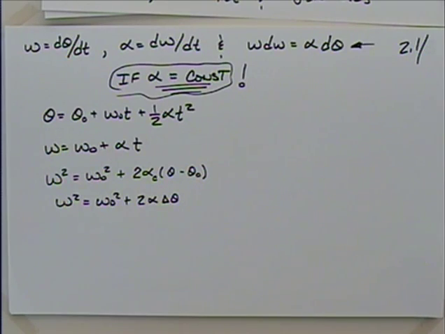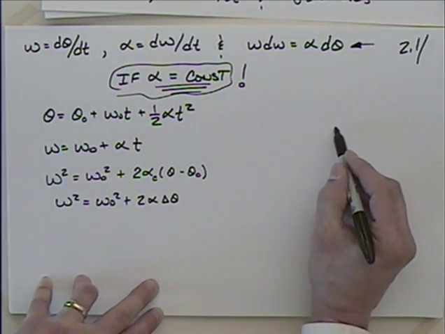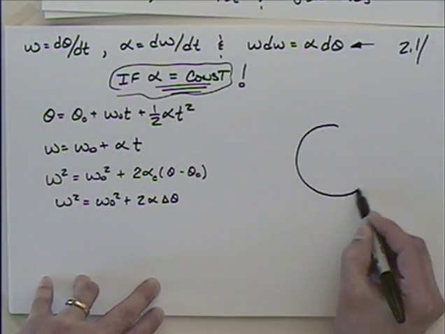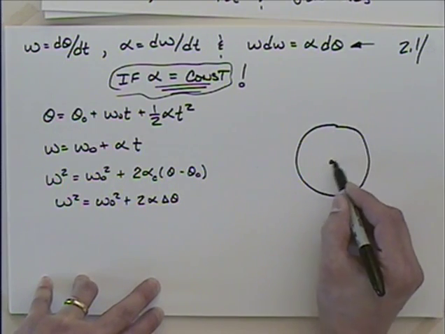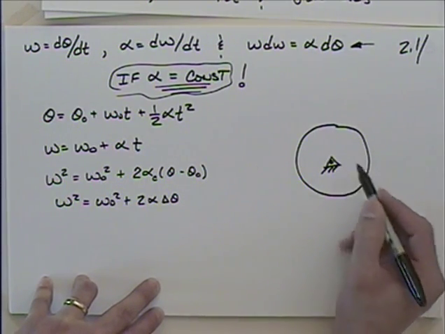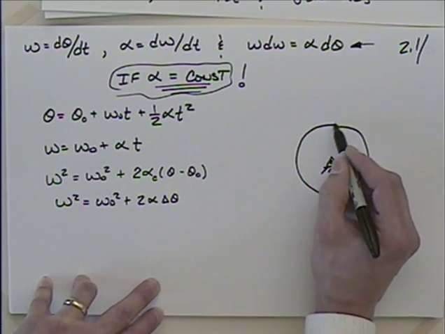Questions with that? Yes? Well, yeah. So the question is when a circle spins, the outside goes faster than the inside.